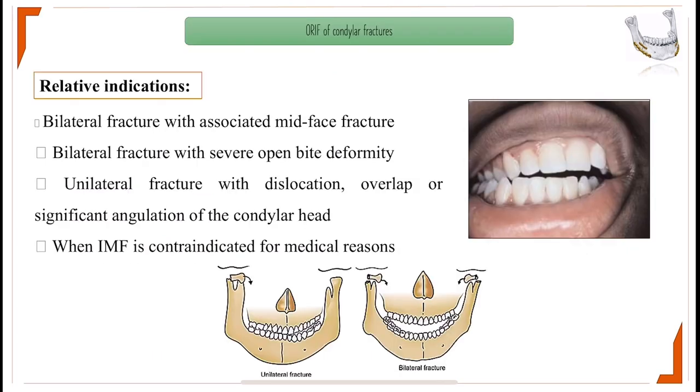Relative indications are bilateral fracture with associated midface fracture, bilateral fracture with severe open bite like in the pictures, and unilateral fracture with dislocation when intermaxillary fixation is contraindicated for medical reasons.